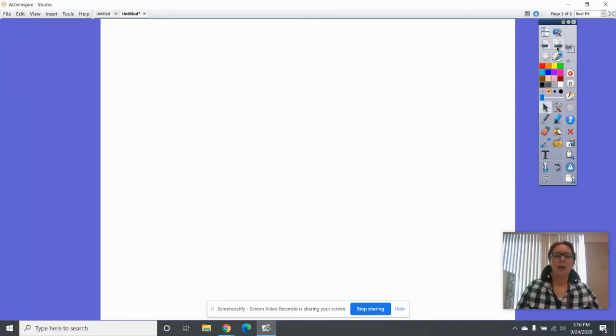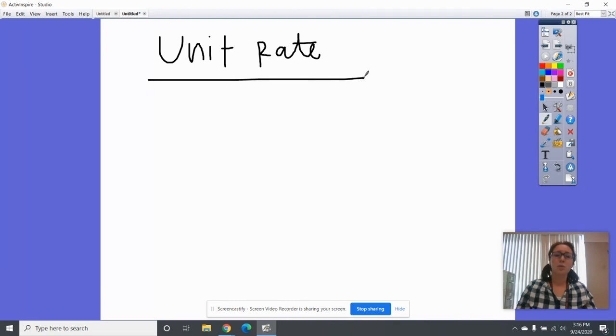But rates are often more helpful when they are actually unit rates. So let me write that down, unit rate. In a unit rate, we have a rate or a ratio or a fraction, and we divide so that the bottom quantity is 1.